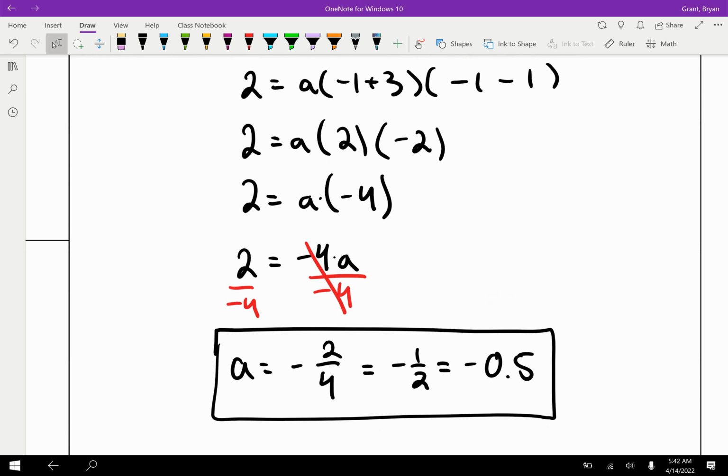And we end up with negative 5 times negative 4, which is positive 20. And so this is the max height. After 1 second, the diver is at its maximum height of 20 feet above the water. 20 meters, sorry.